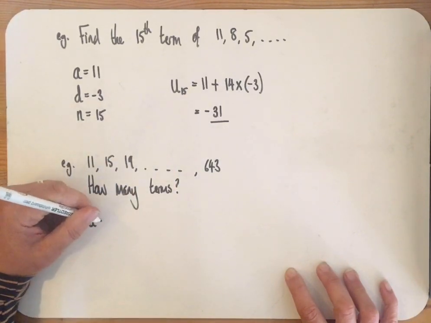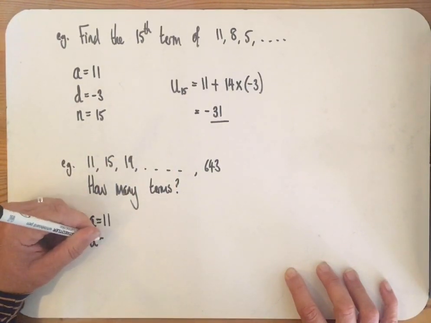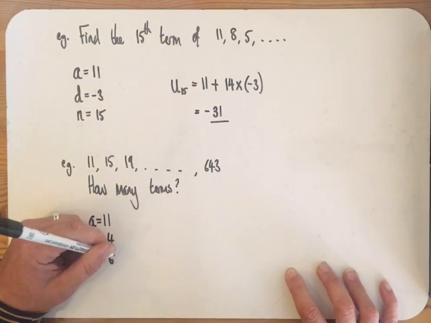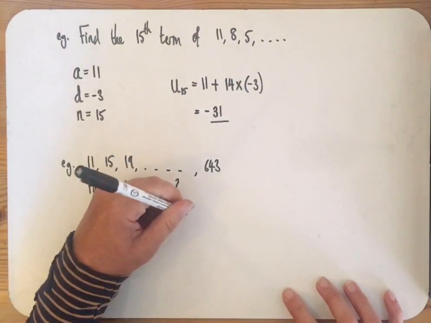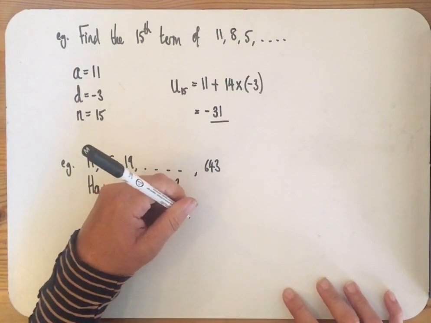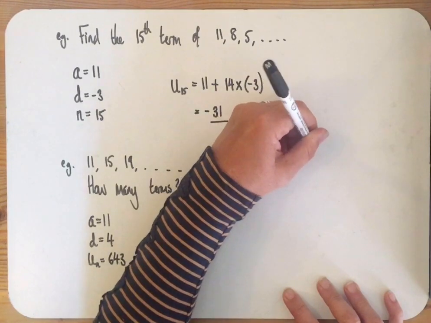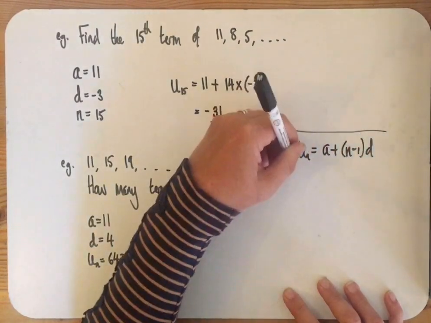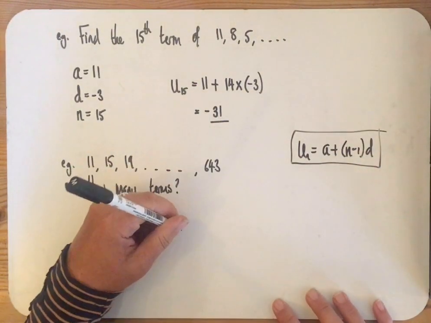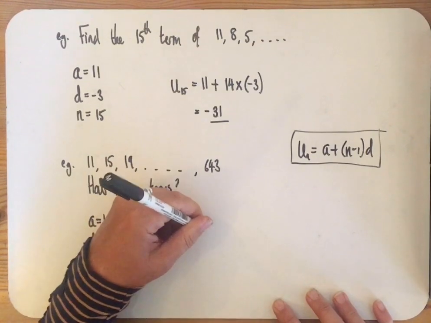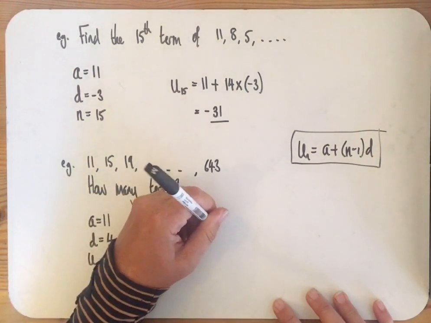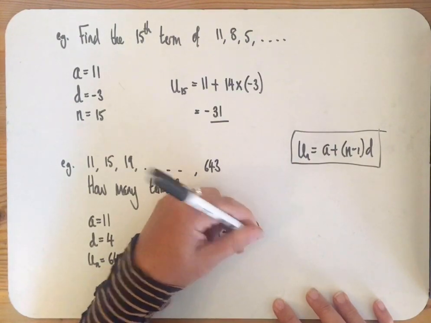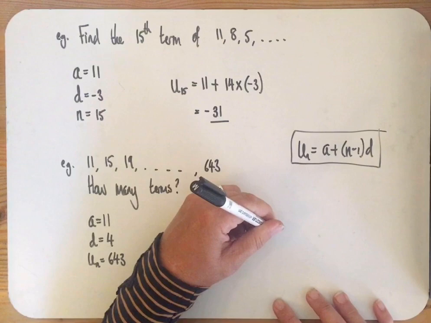So A is 11, D is 4, the nth term is 643, and so using our formula, nth term is A plus n minus 1 d. Then 643 is equal to 11 plus n minus 1 times d, which is 4.